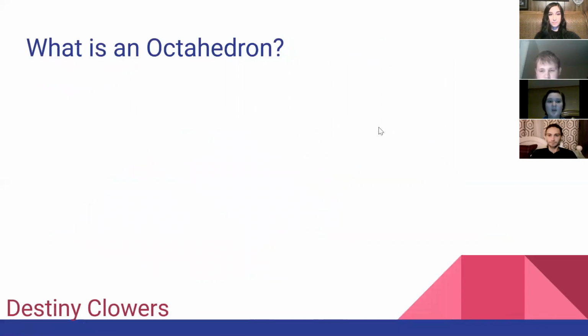Okay, Destiny, what is an octahedron? Well, in order to determine the meaning of an octahedron, let's look at the prefix first. The prefix is octa, and this means 8. So you can probably guess how many sides an octahedron will have after knowing the prefix. So this is an image of an octahedron.